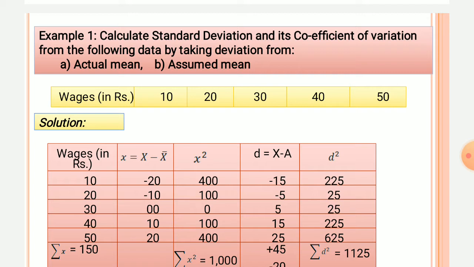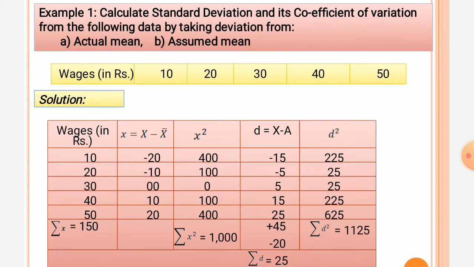Here wages are given, and we take them as values x. From this given data, we have to calculate standard deviation as well as its coefficient of variation.